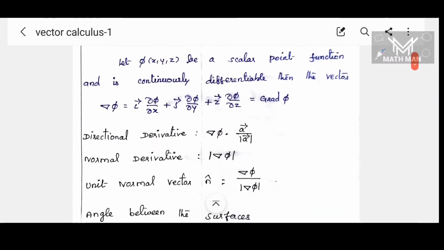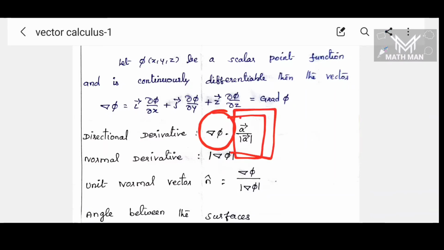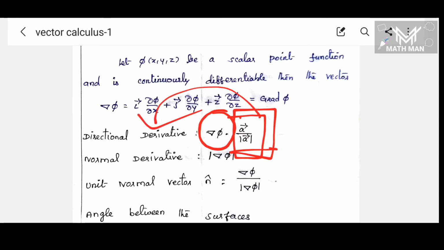And directional derivative means the gradient where we have to give direction to the derivative. That means we give a directional vector to the gradient of phi.